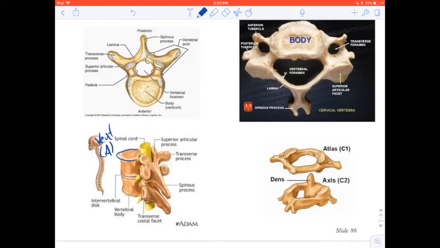And then the posterior, right, or dorsal side. You can see we have our spinous process coming off the dorsal end, and then this vertebral body off the anterior or the ventral end. And that's important to get when we're looking at MRIs of this stuff. And then see the spinal cord is going to run here through this vertebral foramen, right? And then we've seen the rest.